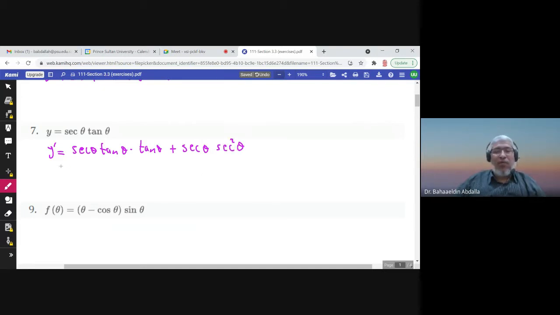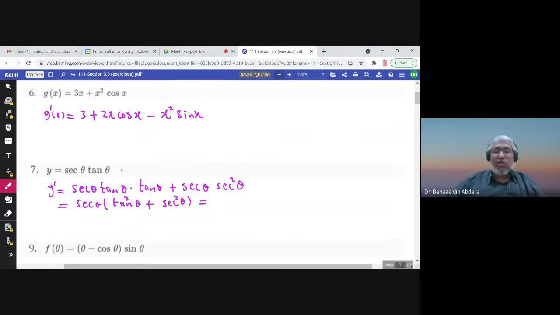If you want, I can take secant theta here as a common factor, and this is tan times tan, which is tan square theta, and I have secant square theta here. We have seen that tan square theta plus 1 is secant square theta.